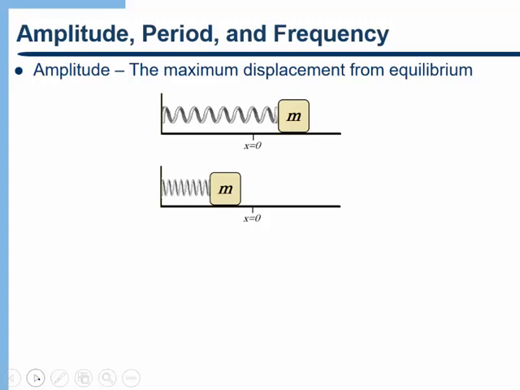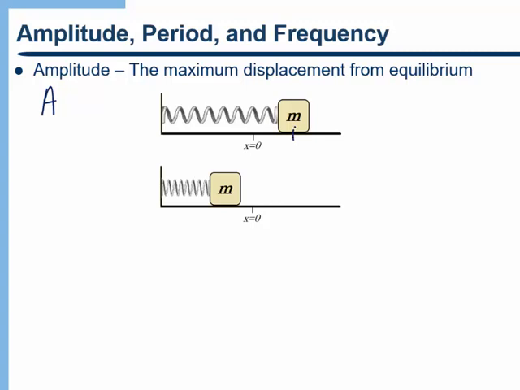Before we finish this introductory video, let's just define some other quantities that are important with periodic motion. The first one is the amplitude. Amplitude, which we abbreviate with the letter A, is the maximum displacement from equilibrium.